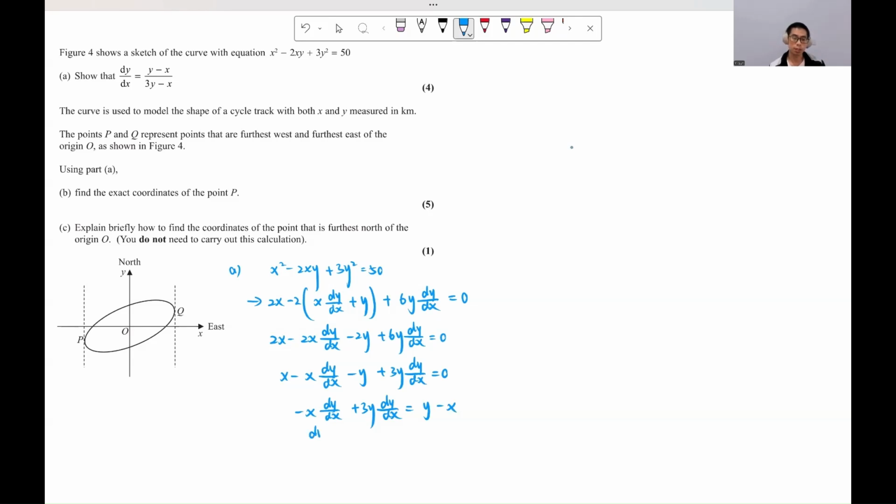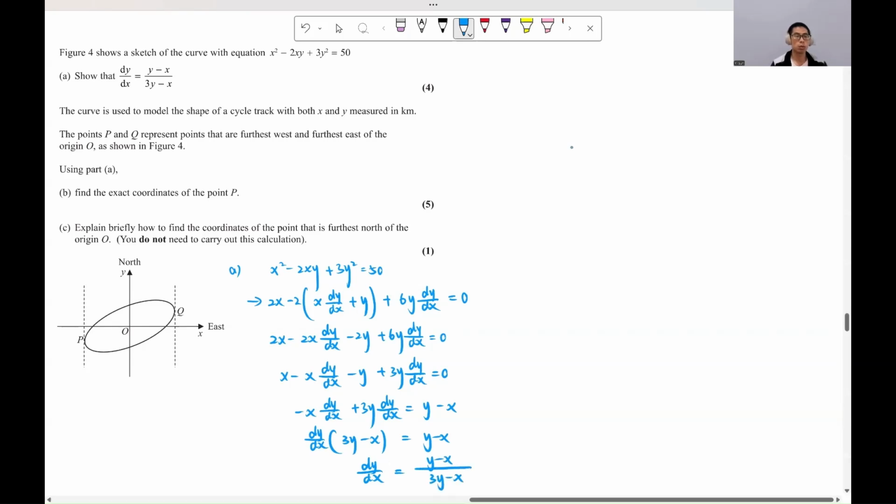So now factorize out dy over dx. Since 3y is positive, I will put 3y for the first term and then negative x as the second term. So then dy over dx is y minus x over 3y minus x, which is the same as what the question wants.